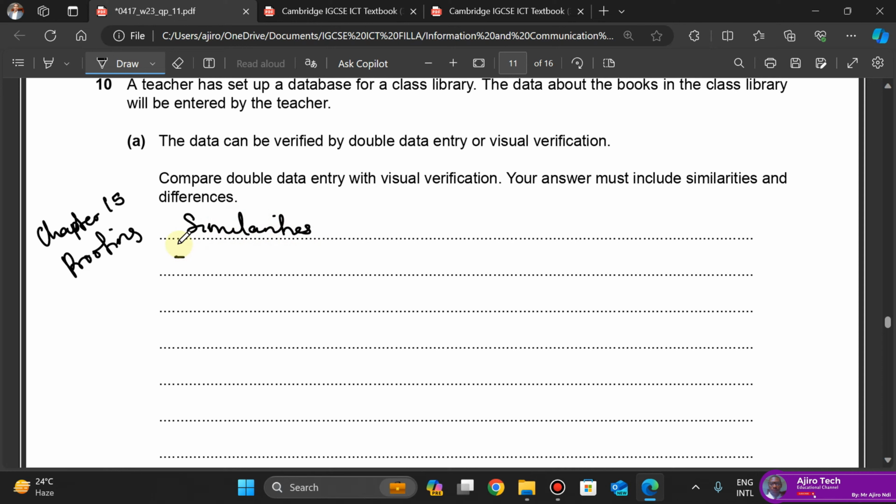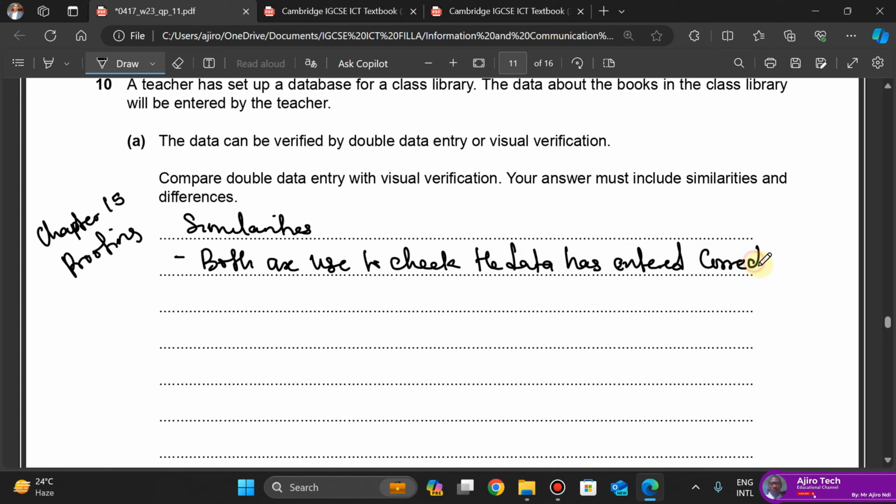For similarities, both are used to check the data, to check the data has been entered correctly.